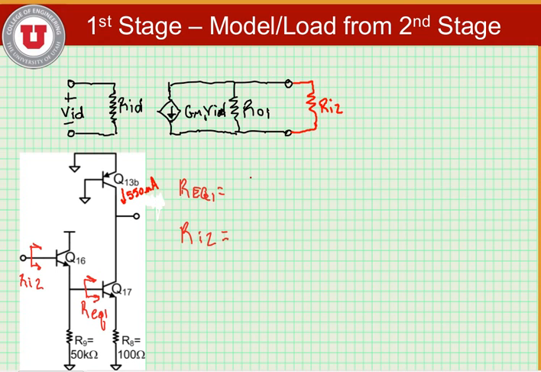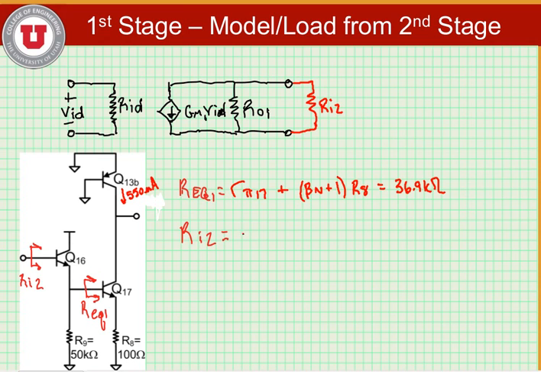So REQ1 is equal to r_pi17 plus (beta_n plus 1) times R8, the resistance in the emitter of Q17. And this equals 36.9 kiloohms. This resistance is in parallel with R9 and is the emitter resistance for Q16.